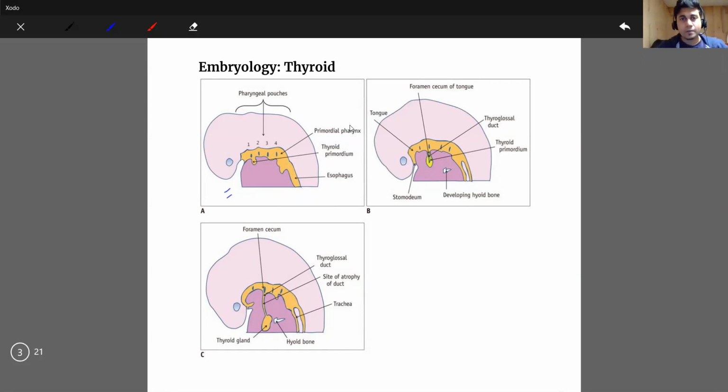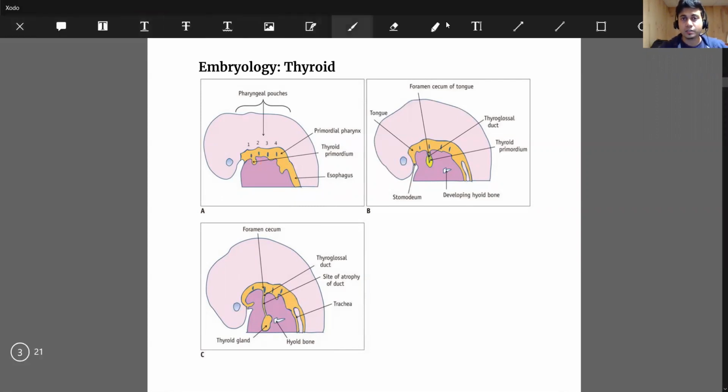As you can see, in the gut area, or in the foregut area, usually at the base of the tongue, there's a protrusion that occurs here that is called the thyroid primordium, or sometimes the primordial thyroid.